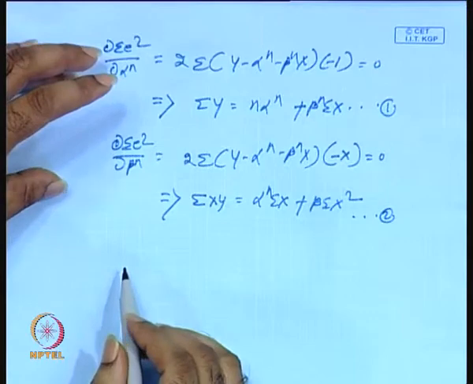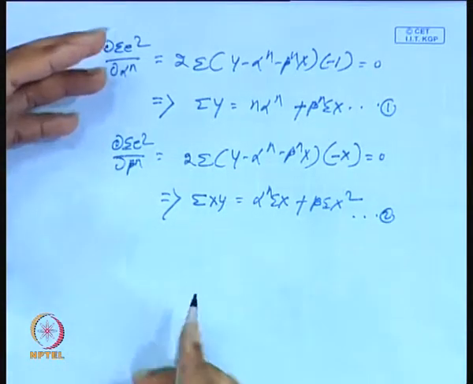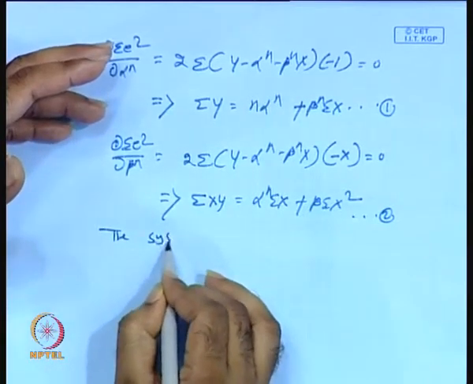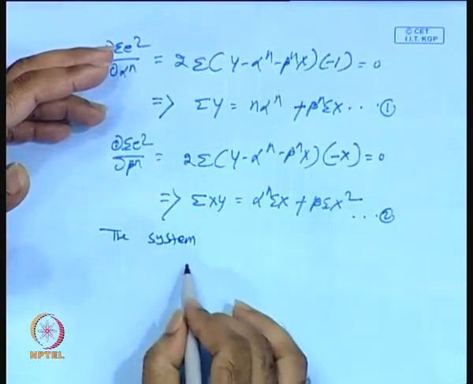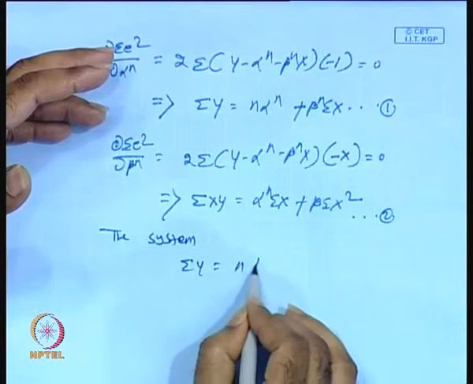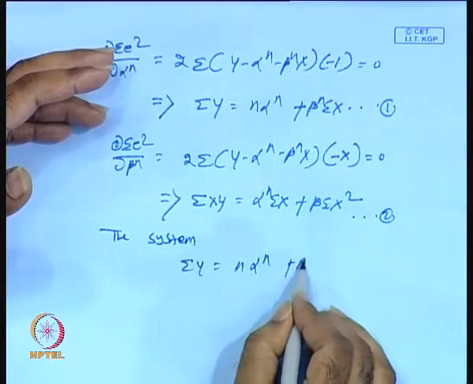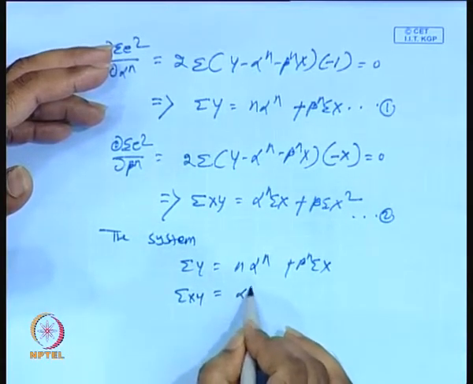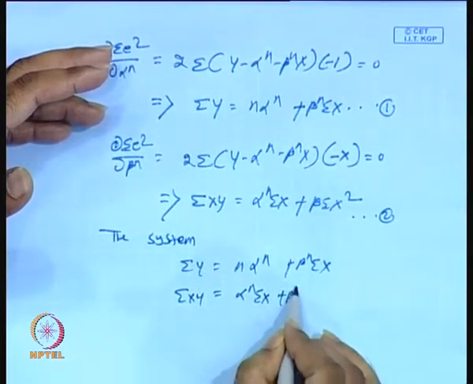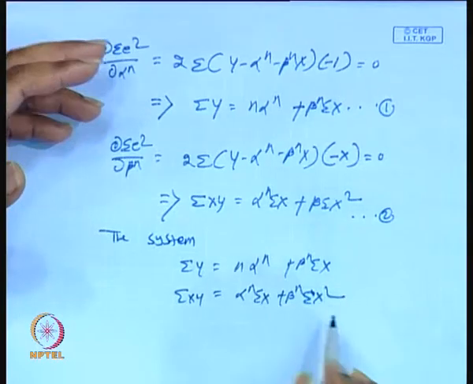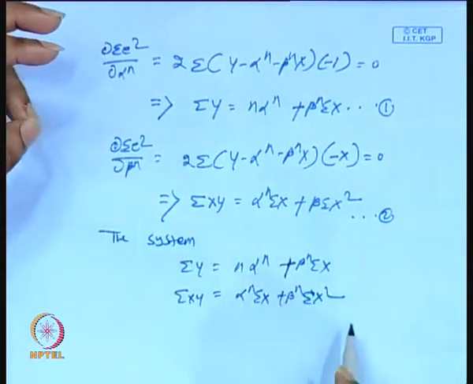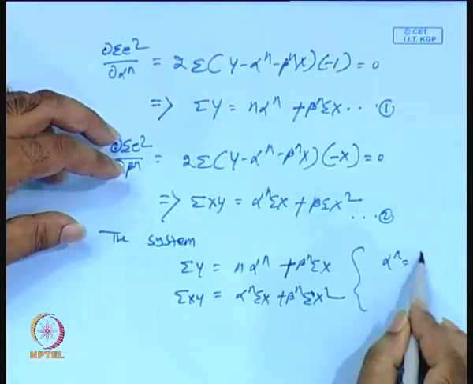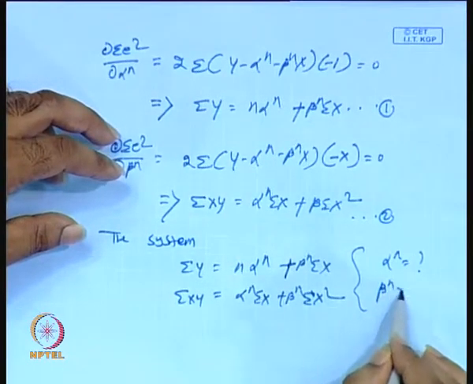Now if we club these two equations, the system will be summation y equal to n alpha hat plus beta hat summation x, and summation x y equal to alpha hat summation x plus beta hat summation x squares. What is our objective here? Our objective is to get alpha hat and beta hat.